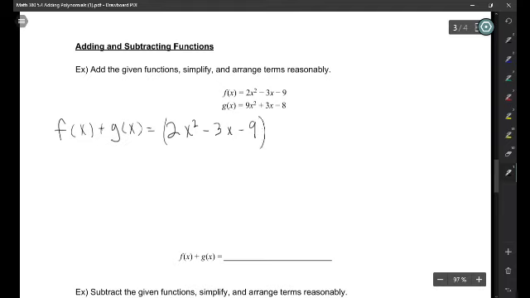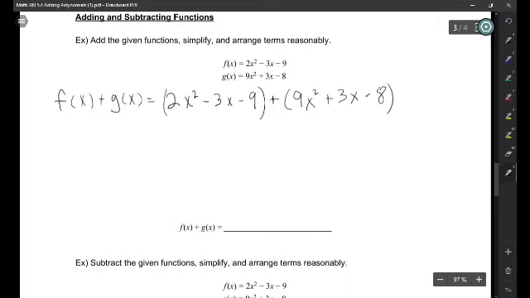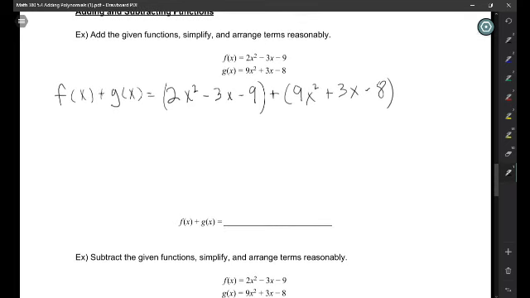So all of that is the expression for f of x, and then plus the expression for g of x, 9x squared plus 3x minus 8. This is f, this is g.